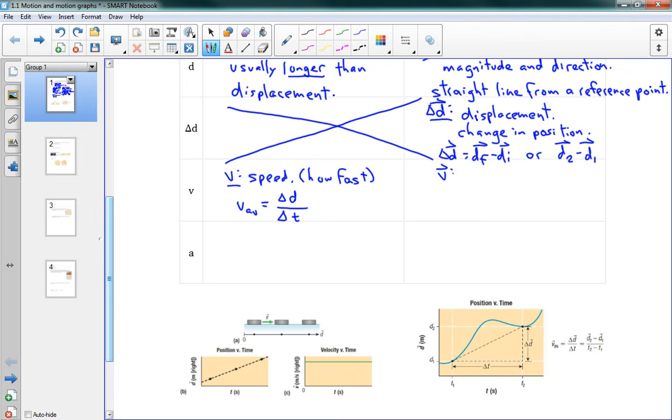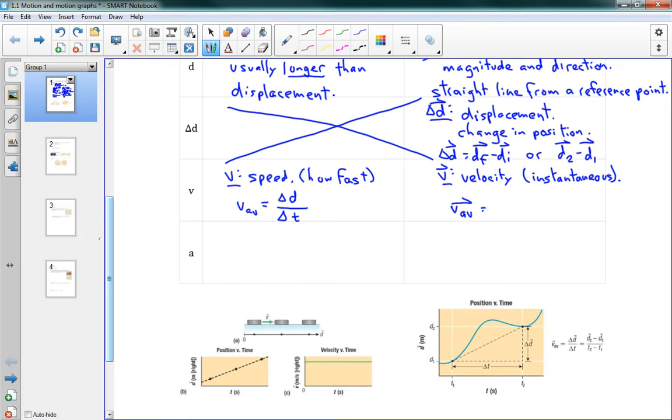The vector is called velocity. When we don't have any other subscript on it, just like over here I wrote v average, so I'll write v average down here. If it doesn't have that average, then like above, we've just written v here, then we call this the instantaneous velocity, which means how fast it's going right at that very second.